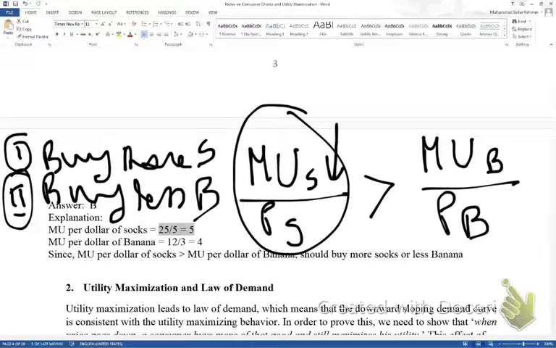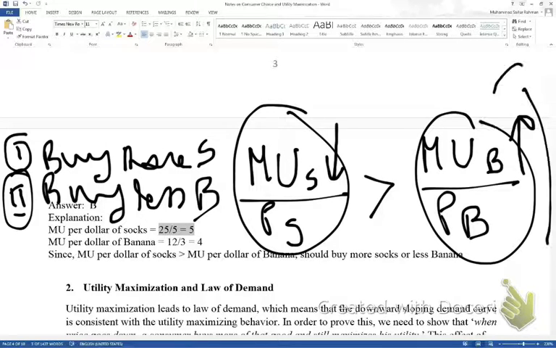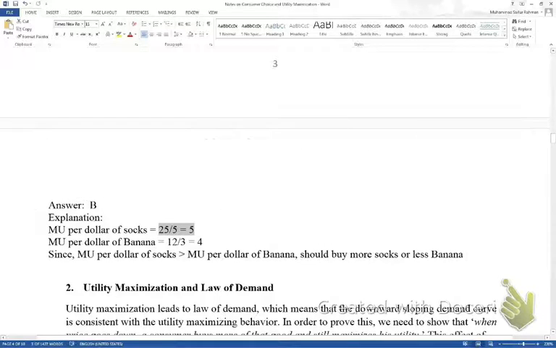If you remember the law of diminishing marginal utility, which says that if you buy more, your marginal utility goes down, but if you buy less, your marginal utility goes up. So if you buy fewer bananas, your marginal utility per dollar on bananas is gonna go up, so this entire ratio will go up until it becomes an equilibrium. So there are 2 things that you can do, and the answer could be any of these 2.